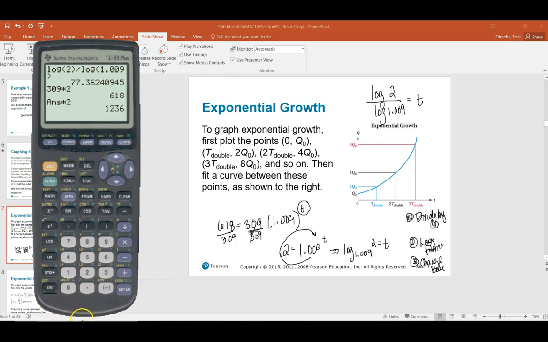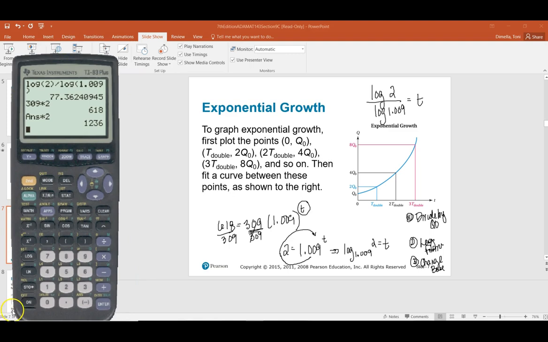So that would look something like this, if I can find out how to write. So this would be 77 and 618, about.